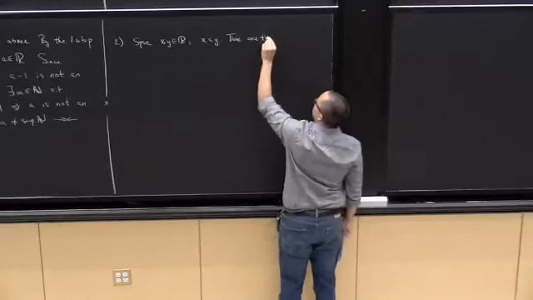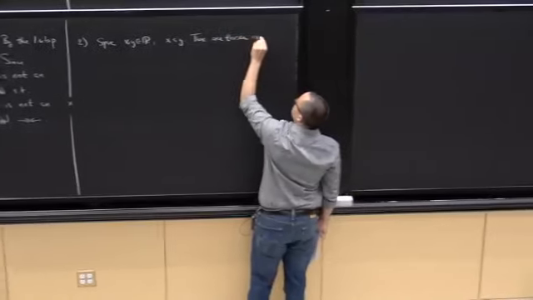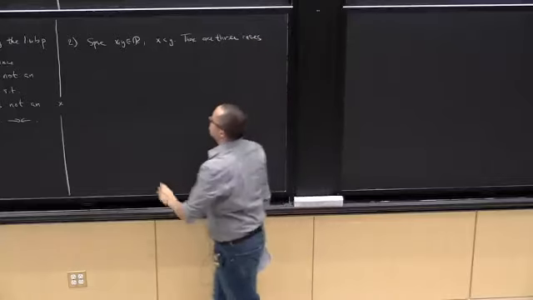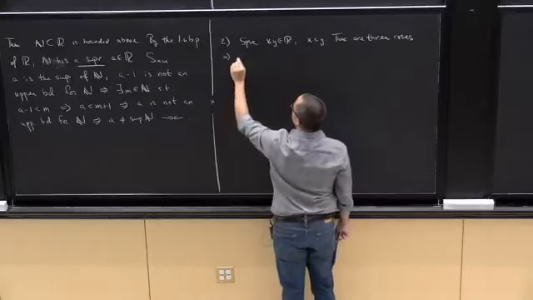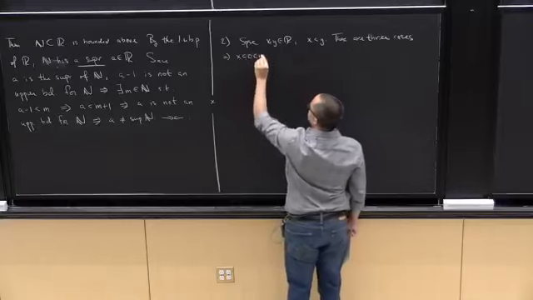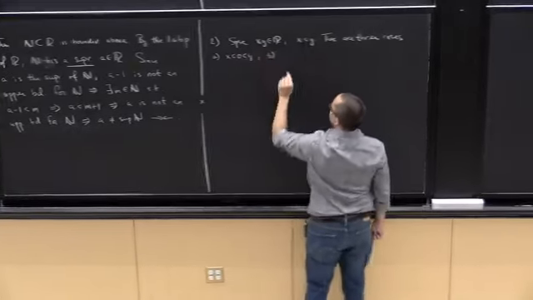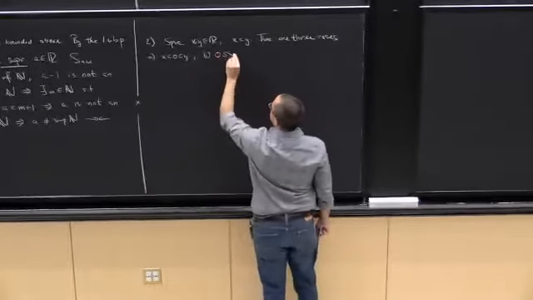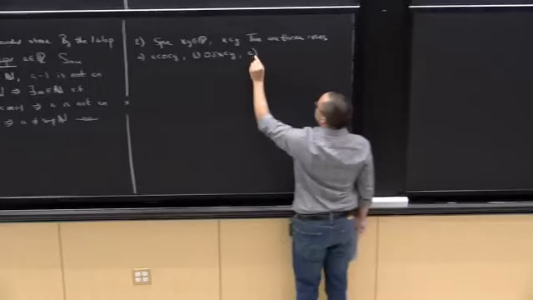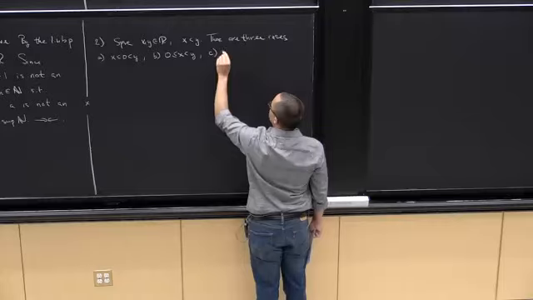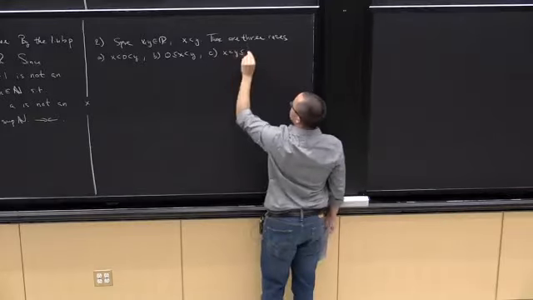There are 3 cases. Call it A: x is less than 0 is less than y. B: 0 is bigger than or equal to x is less than y. And C: x is less than y is less than or equal to 0.